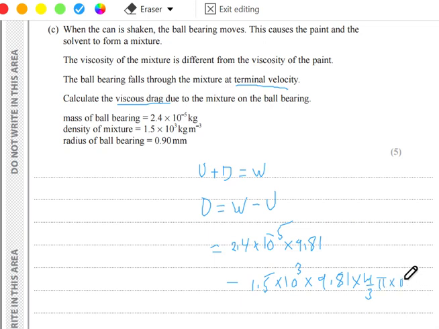So it is the volume of the whole ball. And I converted the millimeter. You can do this in your calculator, and the answer will be, sorry, 90.